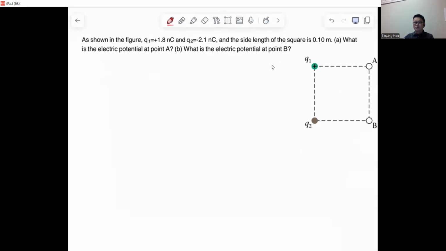It's asking what's the electric potential at point A and point B. So we have two point charges. The electric potential by Q1 on A we can calculate, and then we can also calculate the electric potential on A by point charge 2.